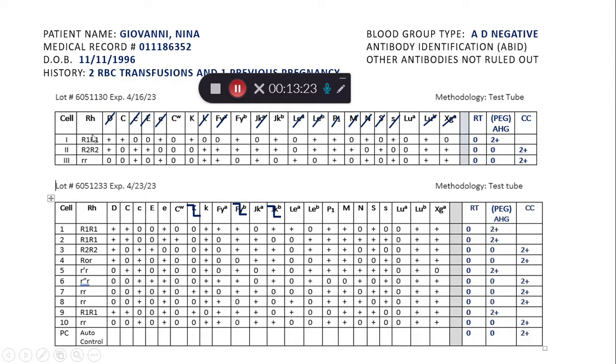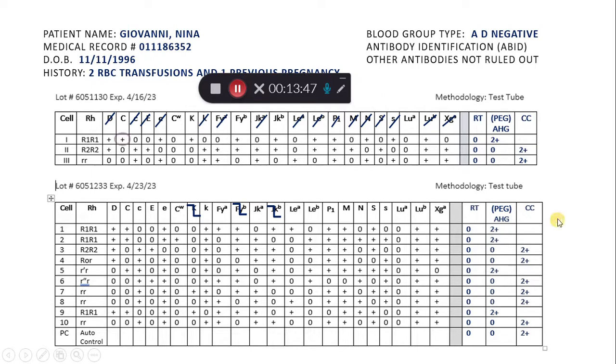That in combination with what you've ruled out in your screen, pause here and consider what antibodies you do not have left that are possible circulating in the patient's plasma. Okay, now we want to look at our pattern of reactivity, and hopefully you've identified the antibody that is circulating in the patient's plasma.